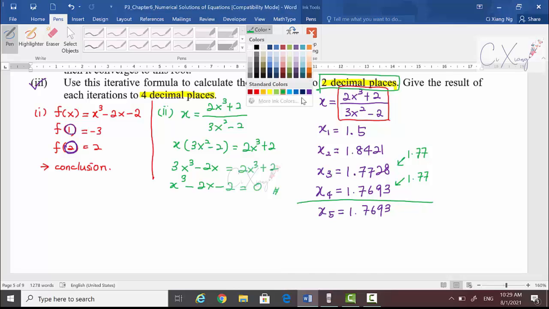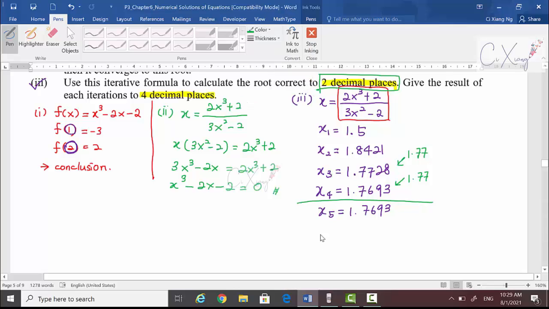Then you need to write out the final answer. The root is equal to 1.77. Please take note that for the final answer for the root, they only want 2 decimal places. Therefore, I just keep it as 2 decimal places here.